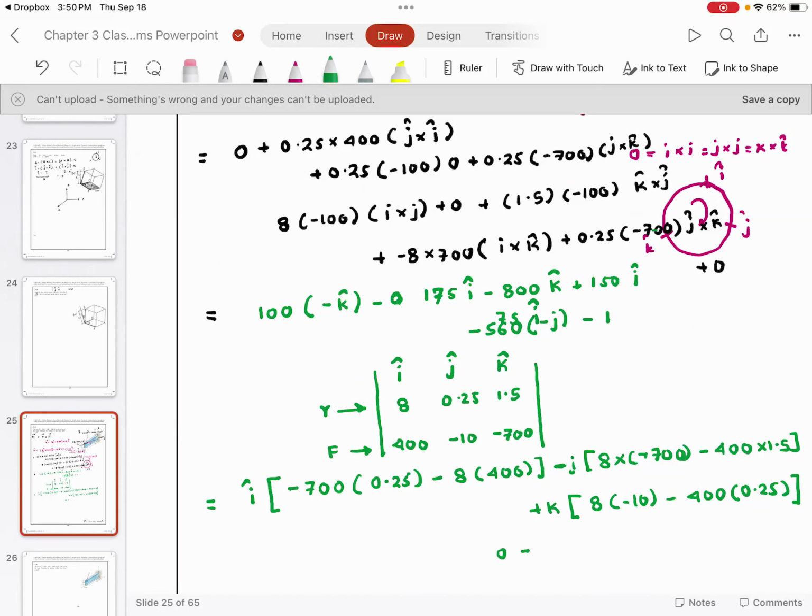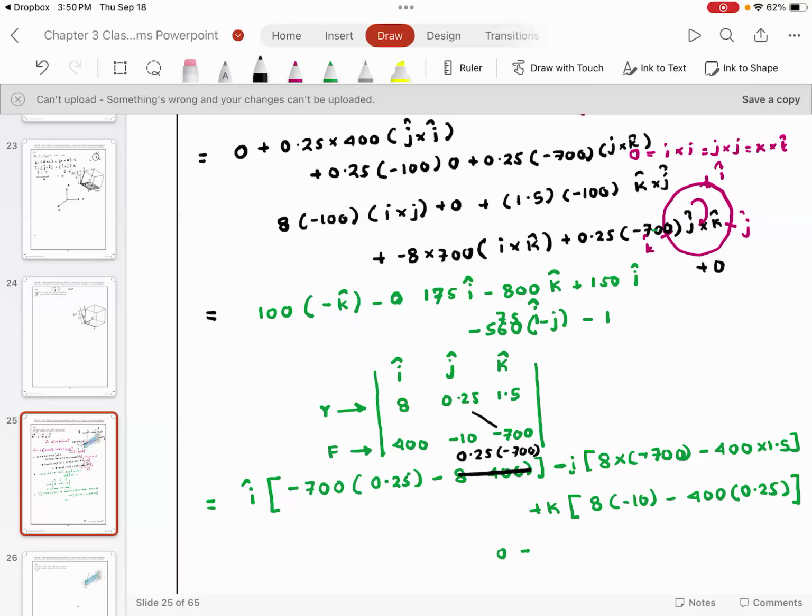So i times minus 700, minus, I made a mistake. I think this is not right. So 8, this guy is 0.25, minus 700.